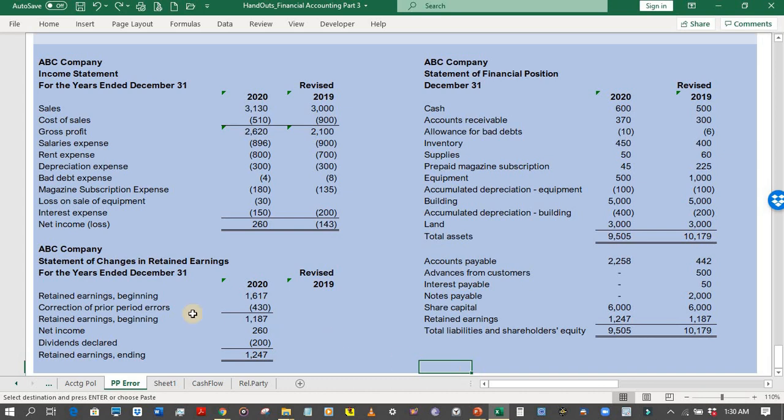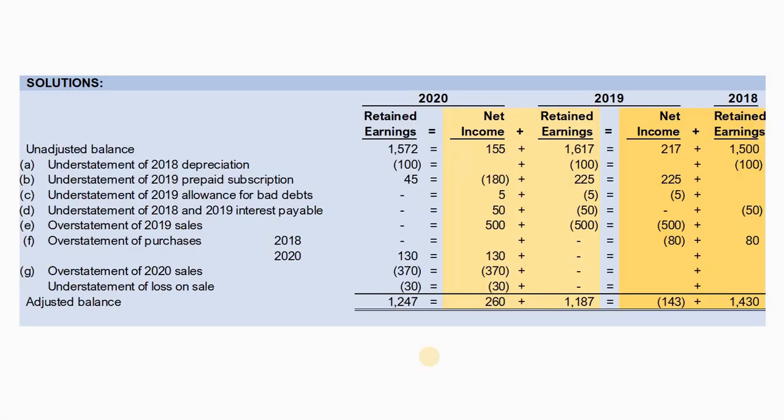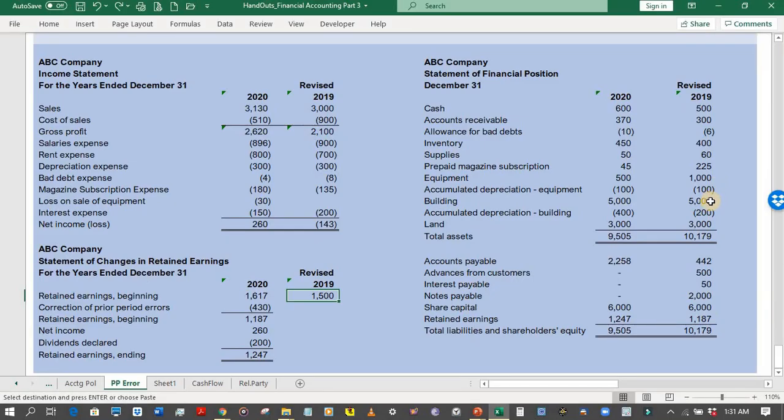Of course, the retained earnings beginning, which is the unadjusted balance, pertains to the unadjusted retained earnings at the end of 2018, and that is 1,500 pesos. So based on our table, the ending retained earnings in 2018 is 1,500 pesos. Then the correction of prior period errors that was adjusted to the 1,500 unadjusted retained earnings is negative 70.